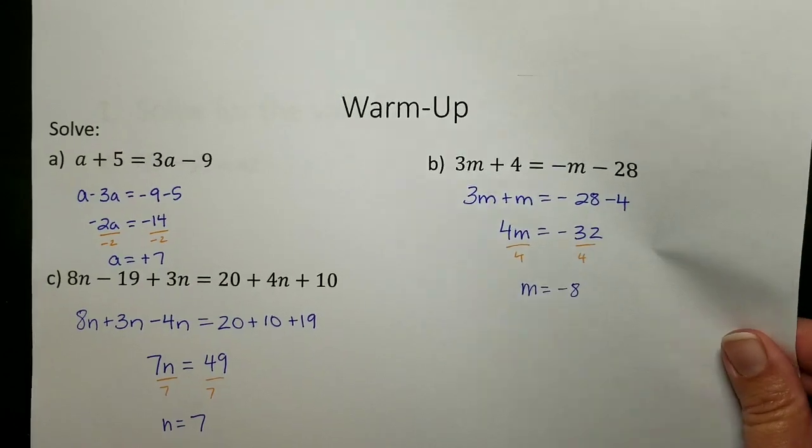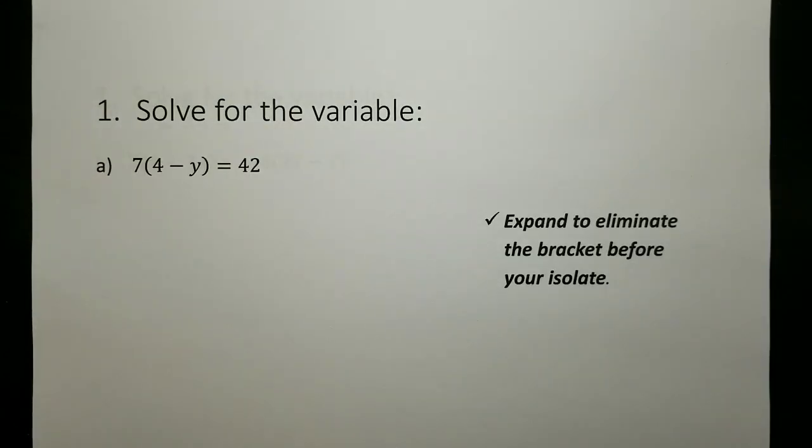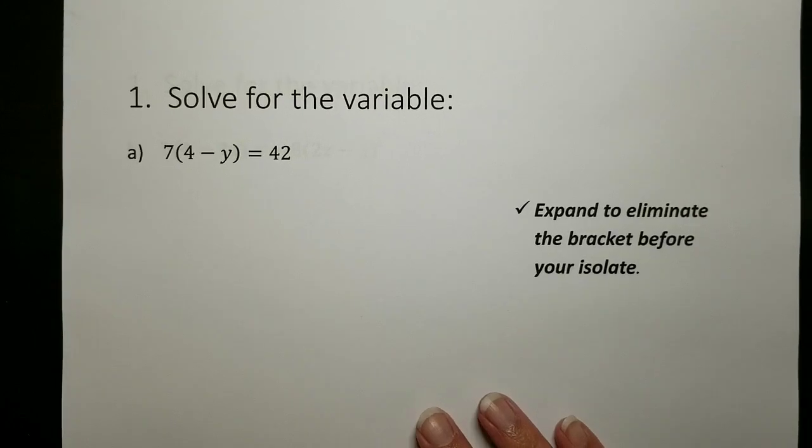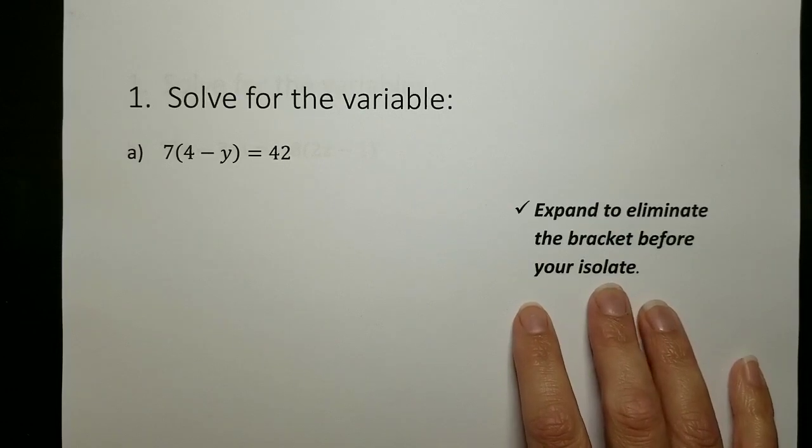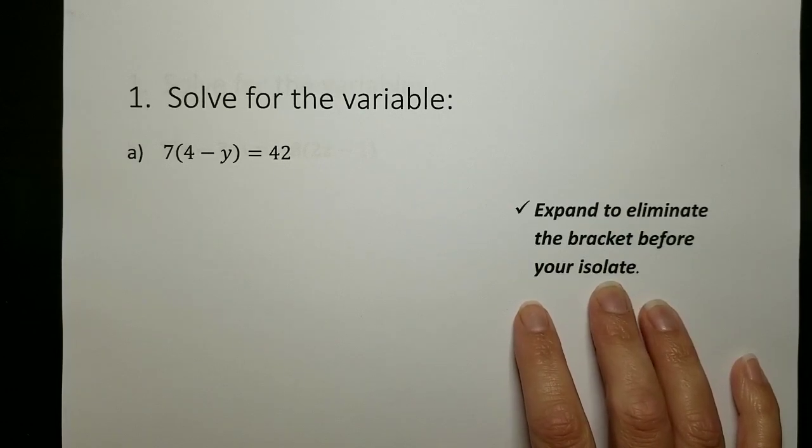So we're going to move along into our first example, and in this one we basically see that we've got 7 times 4 minus y equals 42. We're adding a step to the start of our questions. So this is going to be done before we do any of the work that we did in the previous day's lesson.